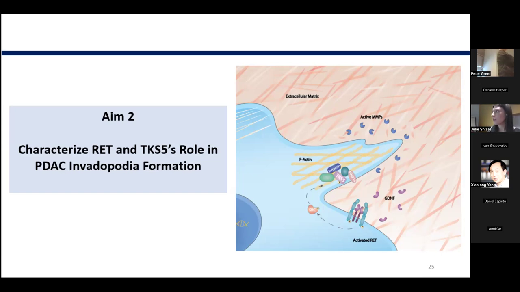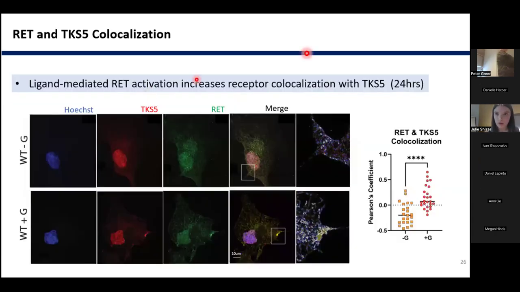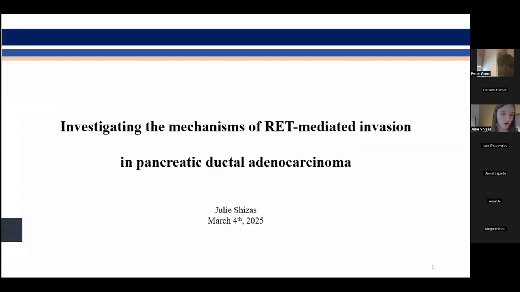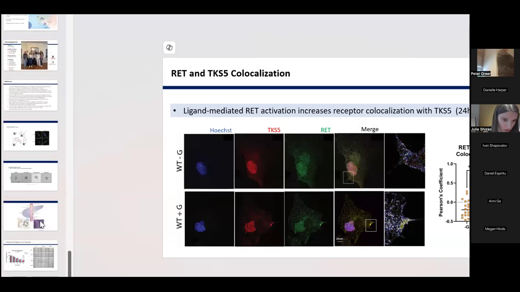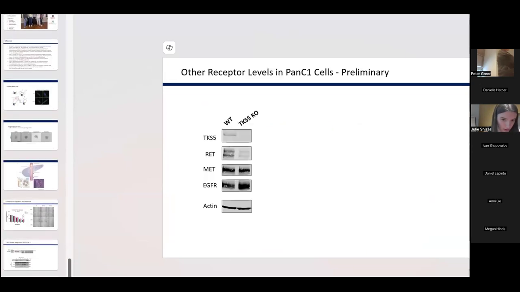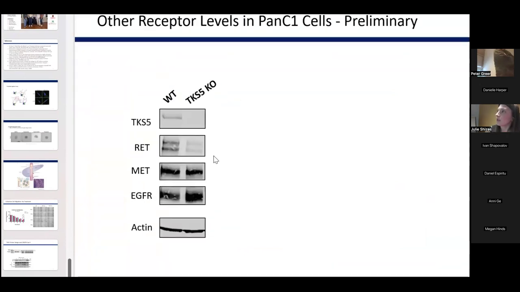What's interesting is that I also checked the protein levels of other receptor tyrosine kinases, EGFR and MET, and I've done it a few times. You can see here there's lower RET in the TKS5 knockout, but MET and EGFR don't seem to be impacted.